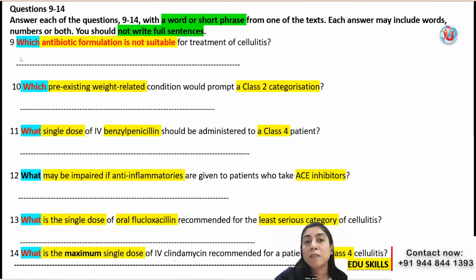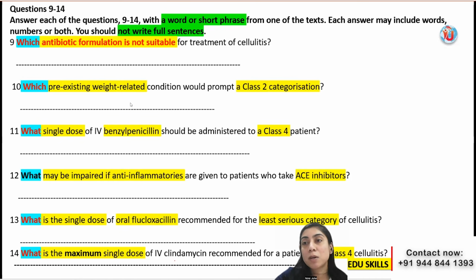11, what is the single dose of benzyl penicillin in class 4? 12, what may be impaired if anti-inflammatories are given to patient who take ACE inhibitor. So this ACE inhibitors abbreviation, we can find this answer easily. 13, what is the single dose of oral glucosamine, then least serious category.